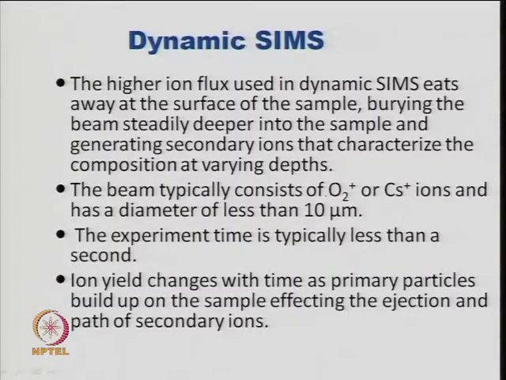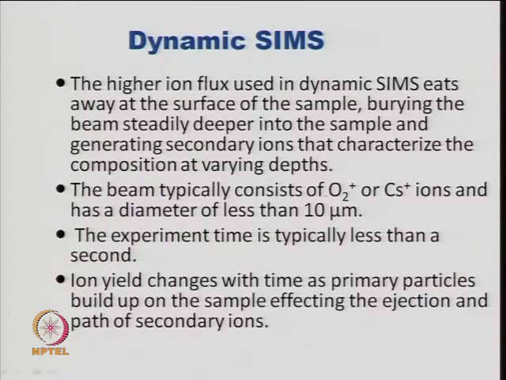When you have dynamic SIMS, a higher flux ion beam is used compared to static or image SIMS. So, here it is high flux, and this eats away at the surface of the sample, burying the beam steadily deeper into the sample and generating secondary ions that characterize the composition at varying depths. This is a much more in-depth analysis, but you need a high energy beam.